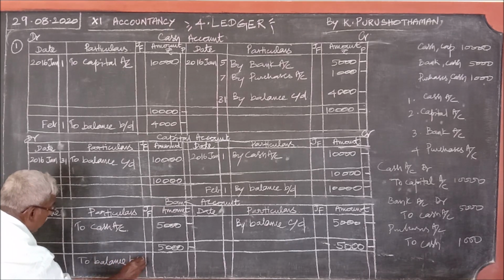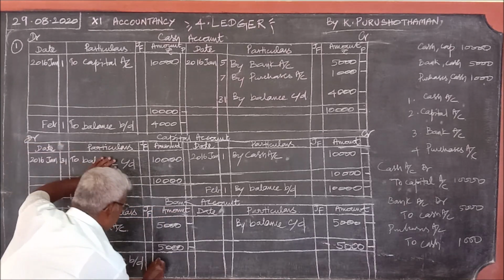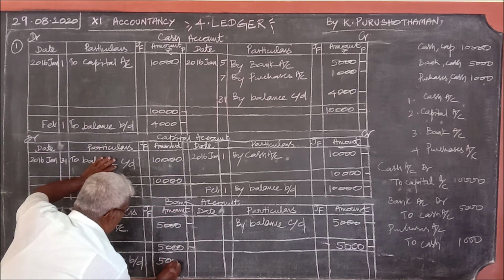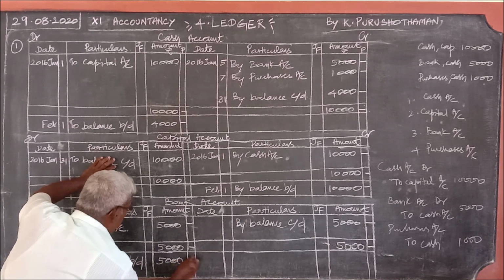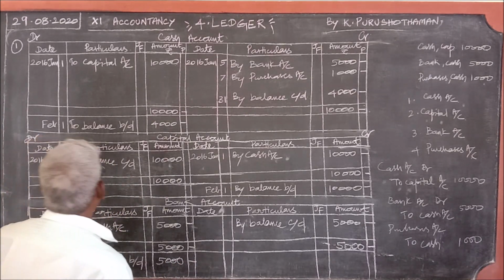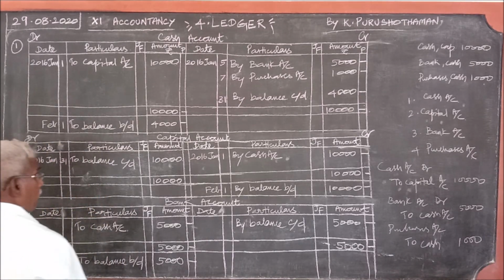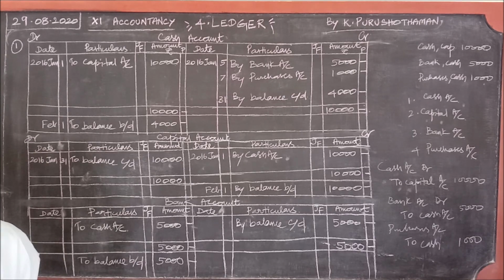Balance brought down, and the amount is whatever amount is carried down, we should write under brought down also, 5,000. For the date, this bank account entry is on 5th.